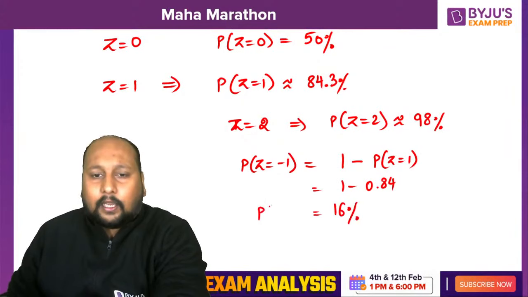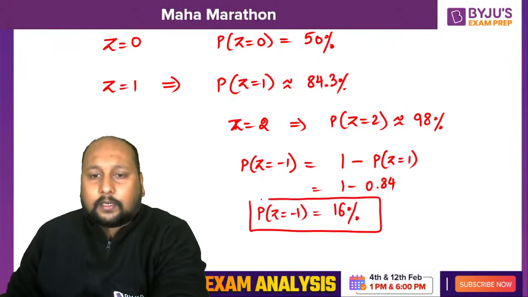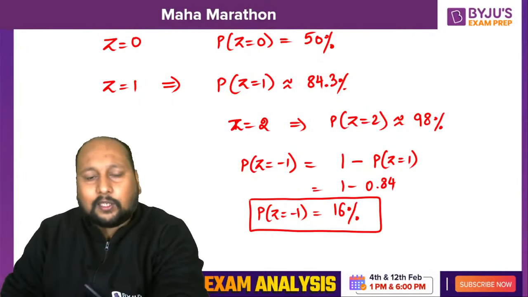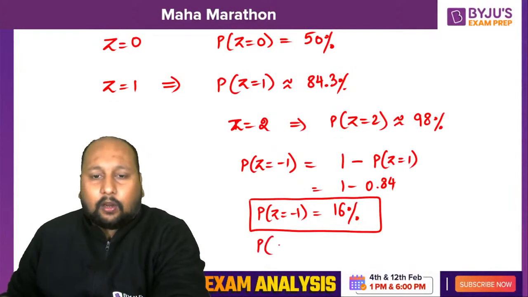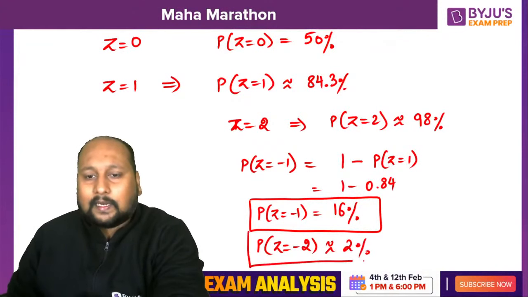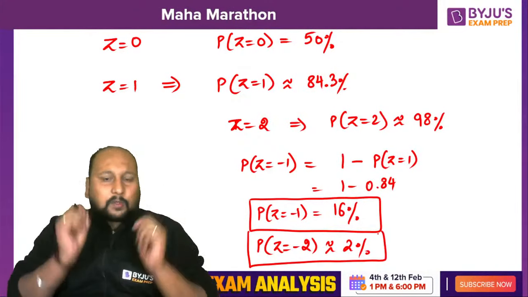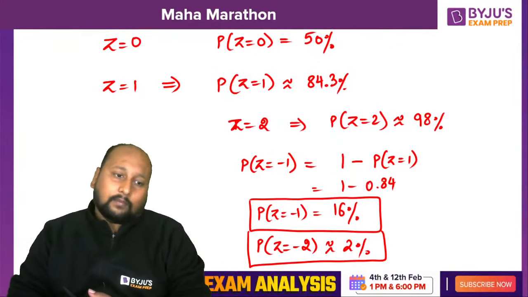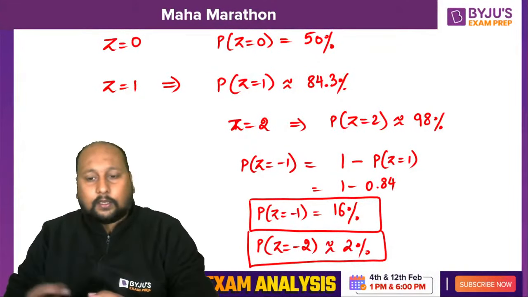So the probability of Z equal to -1 comes out to be approximately 16%, and the probability of Z equal to -2 is approximately 2%. These are some small points that you need to remember, because you will be getting questions from these particular terminologies.